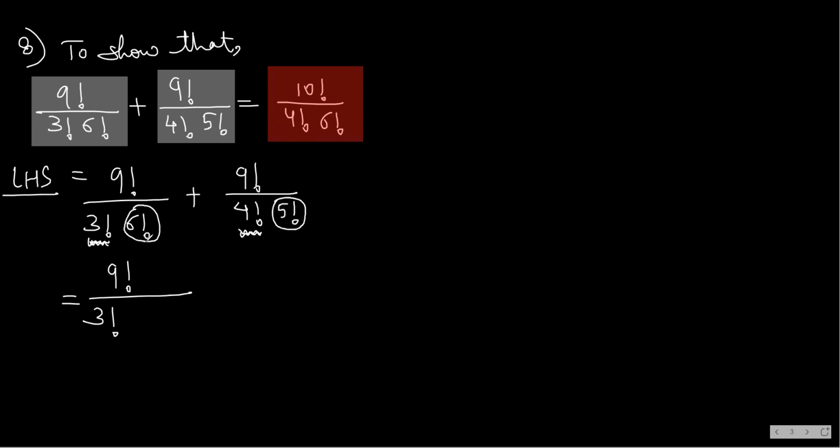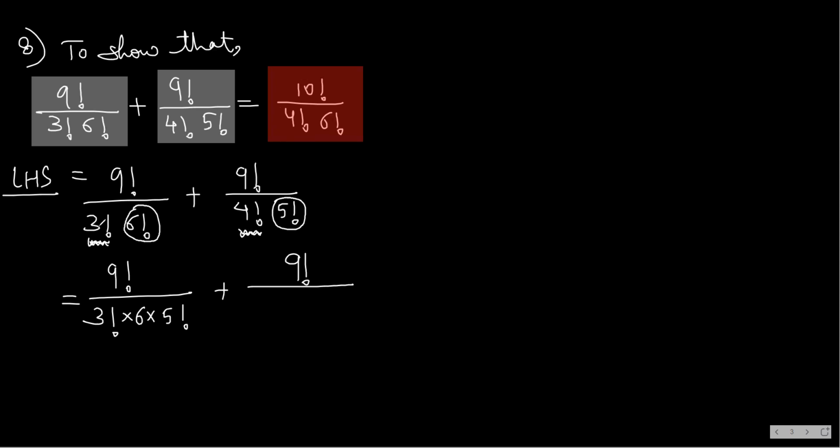This is the bigger number factorial, so you will write it up to the smaller one. So 6 factorial you will write as 6 into 5 factorial, okay? Plus. Now here you have the second term. So 9 factorial, and in the denominator, what you have? 4 factorial. So it is a bigger number factorial than 3.